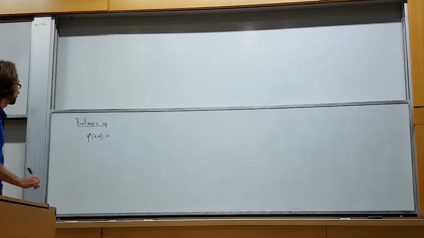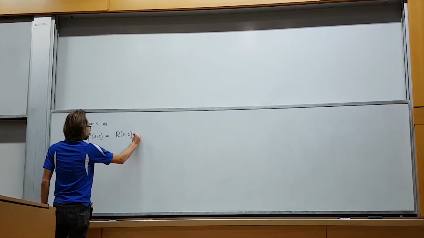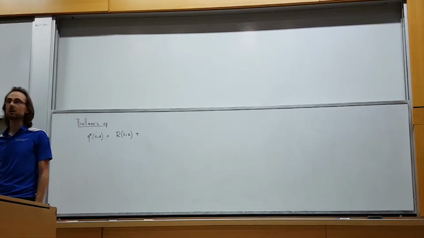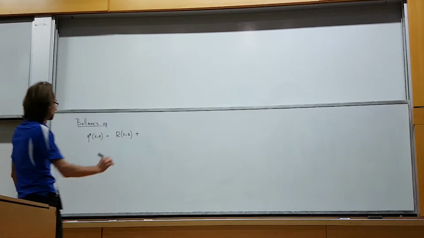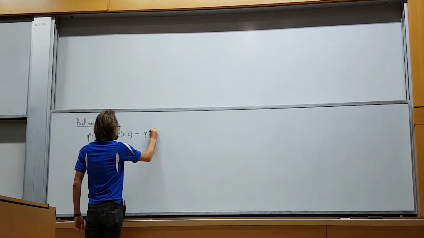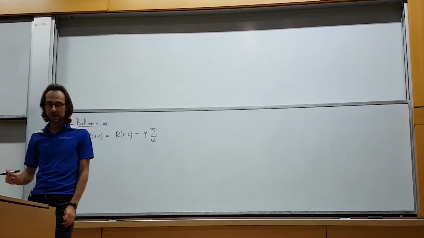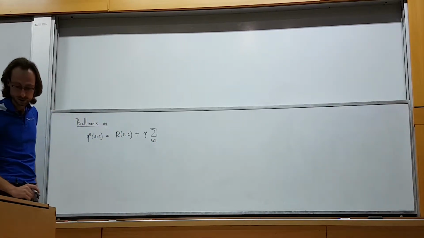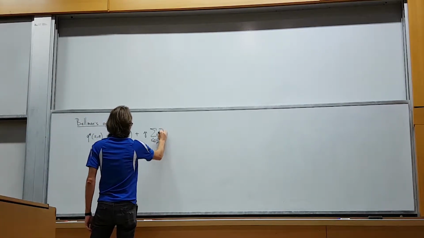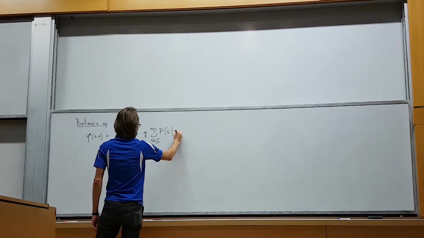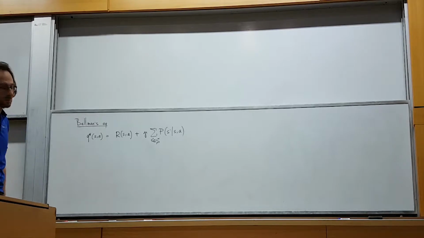Okay, so basically Bellman's equation tells me that this should be equal to the immediate reward that I receive by performing action A with state S, plus gamma. Gamma was the discount factor, times the sum over S prime, because S is given, S prime running over the states. Okay, this was the transition probability, right?